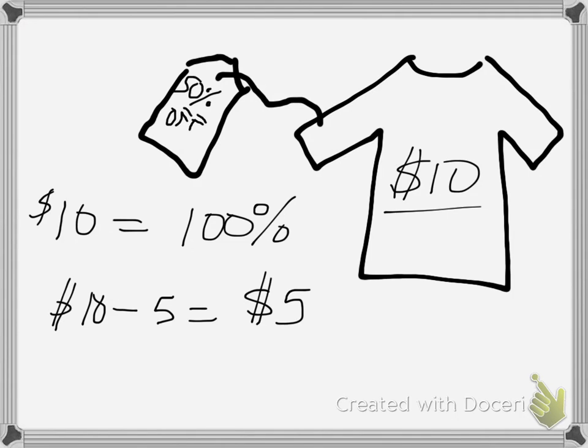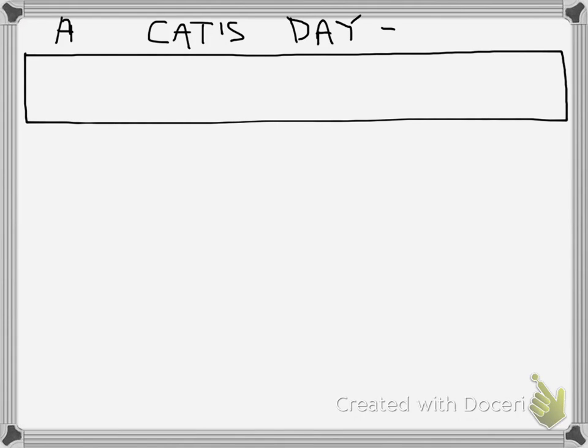We can also relate percents to other numbers. So here's an example. I'm going to talk about a cat's day, and the cat gets the same 24 hours as the rest of us. But maybe the cat spends 12 hours sleeping.